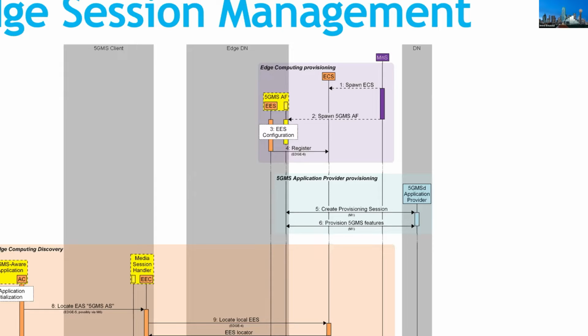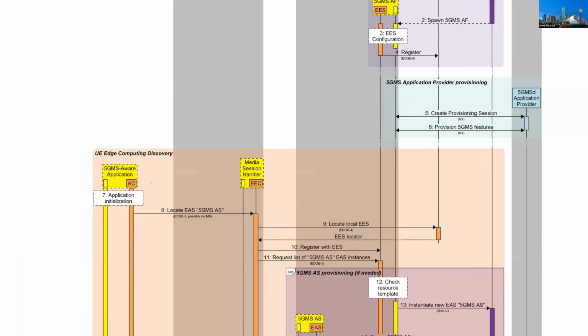So that's anticipating some connections or some sessions to be started by the clients for a particular application. So you could have some of these resources running in idle state and waiting for connections.